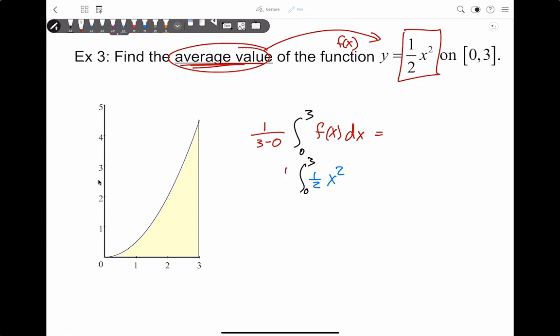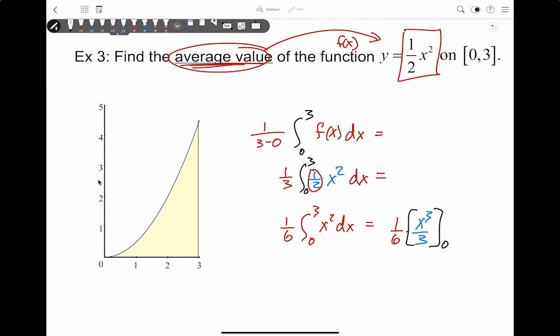This constant multiple rule can come out as a 1/6, so that we have the integral from 0 to 3 of x squared dx, where the antiderivative of x squared is x cubed over 3. We multiply with that 1/6, and we still have the 0 to 3 to contend with. You can make this 1/18 if you will.